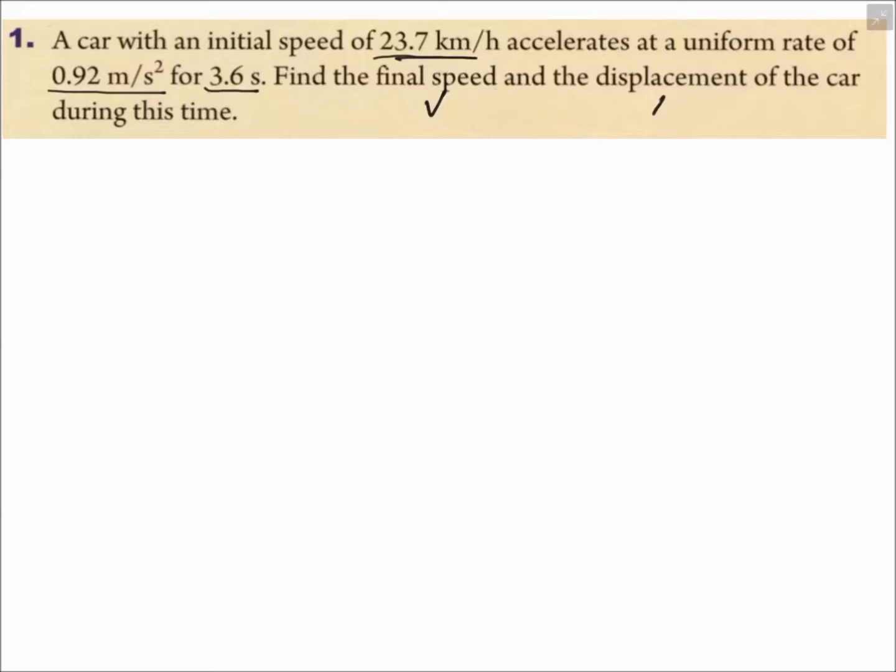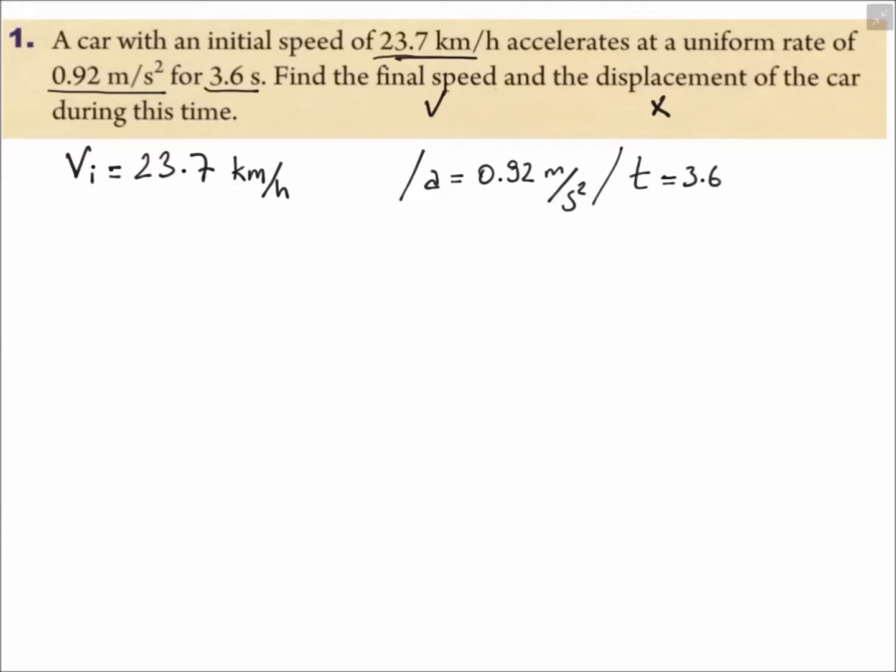And here let's write the givens. V initial equals 23.7 kilometers per hour, and another given, acceleration, which is 0.92 meters per second squared, and the time is given which is 3.6 seconds.